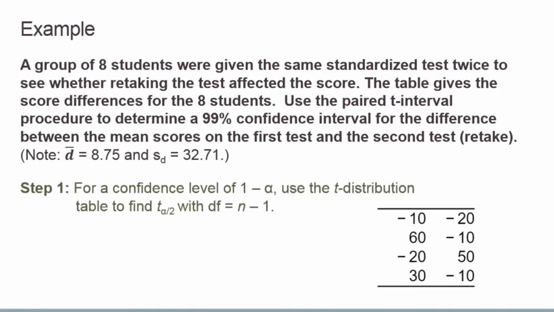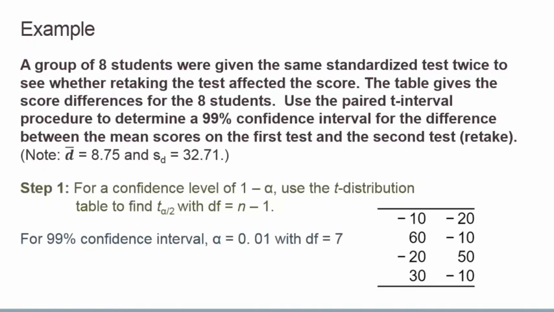Step 1. For a confidence level of 1 minus alpha, use the t-distribution table to find t sub alpha divided by 2 with degrees of freedom equal to n minus 1. For 99% confidence interval, alpha equals 0.01 with degrees of freedom 7. To find t sub alpha divided by 2, we divide 0.01 by 2, and we want to find t sub 0.005.